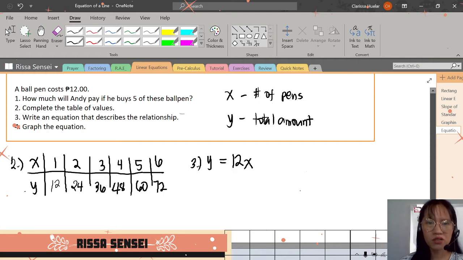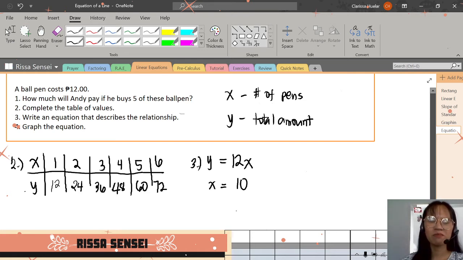Paano ba natin malalaman kung tama yung equation natin? So, let's assign any value of x. So, sabihin natin 10. 10 ballpen yung binili ko. Mahilig kasi ako bumili ng ballpen sa National Bookstore, any office or school supply store.